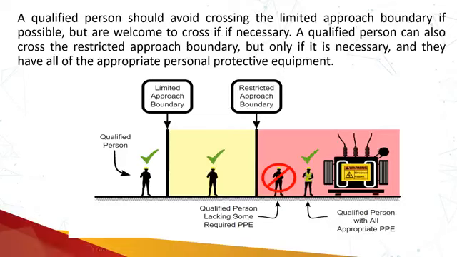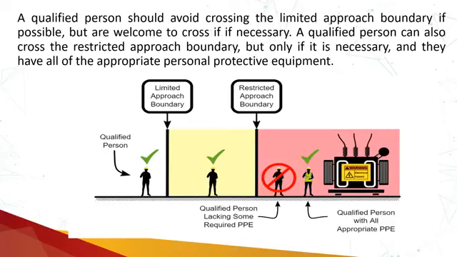So what do the restricted and limited approach boundaries trigger? The limited approach boundary basically triggers that beyond this point there is an electric shock hazard, and the chance of getting an electrical shock exists. So an unqualified person should not cross this boundary unless he is escorted by a qualified person.